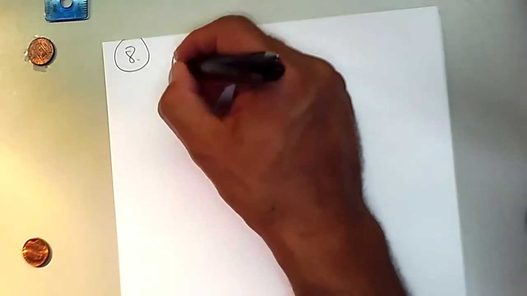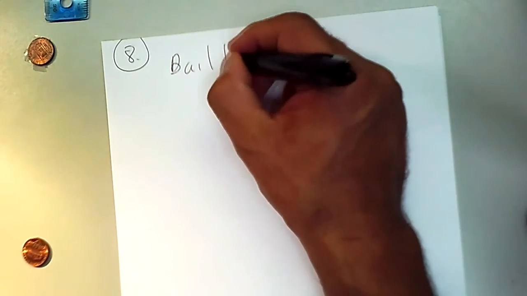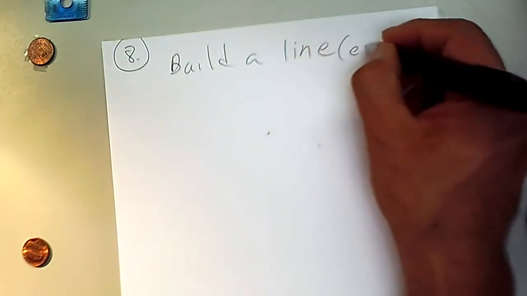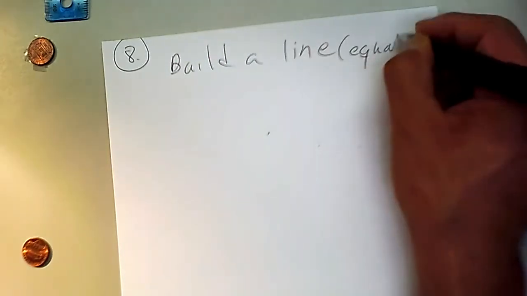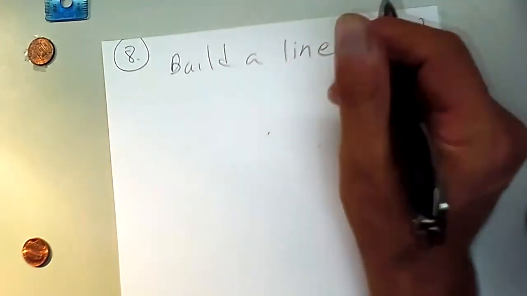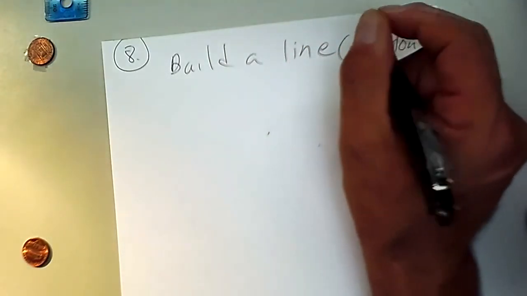If somebody says, I want you to build a line, and by that we mean an equation of a line, and I want it to have certain properties.